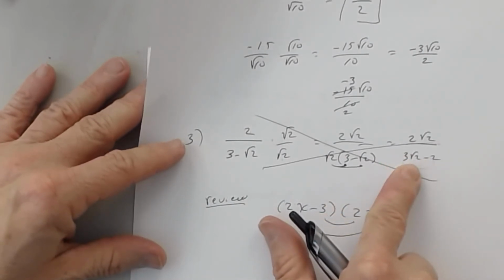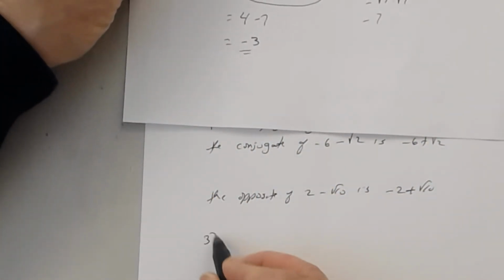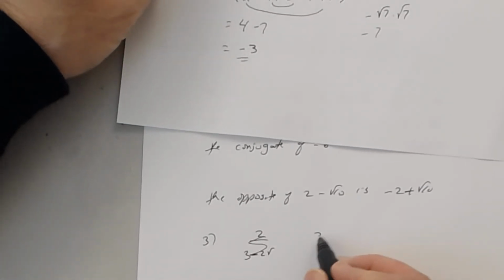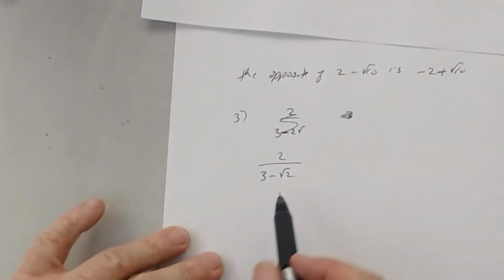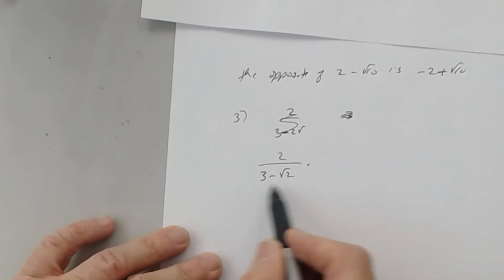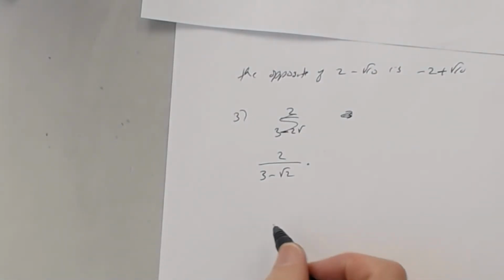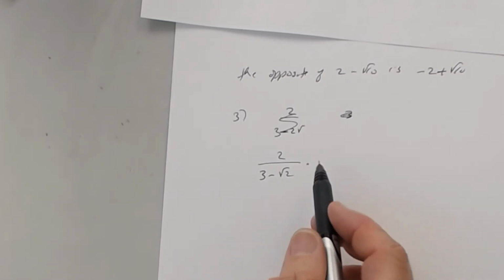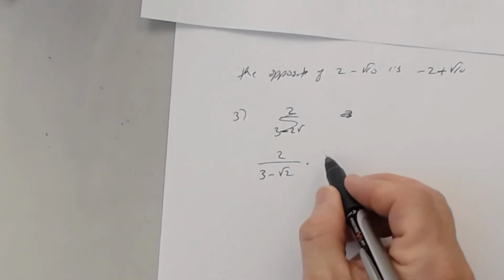So now, with all this discussion, you should now know what I need to multiply numerator and denominator by to make this a rational number. Whenever you have a binomial, you're going to multiply numerator and denominator by its what? Conjugate. So it's the conjugate of 3 minus the square root of 2.